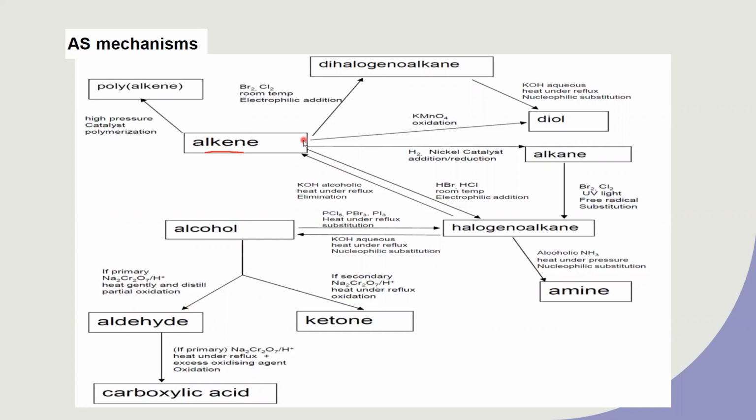These are the general mechanisms for AS chemistry, including Unit 1 and Unit 2. So it is important that you learn this flow chart, like how one reagent can be changed to another, and the type of the reaction as well as the reagent which we are using.